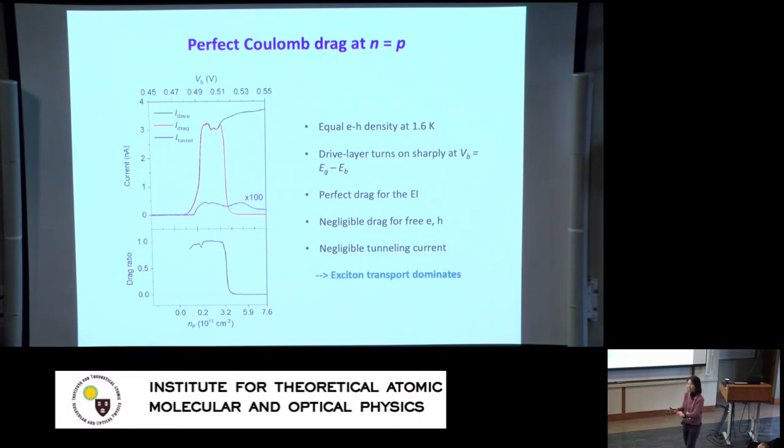But can we measure frequency dependence? We can, but not very high frequency. That has everything to do with how good your contacts are. So I hope you agree with me that in this case, exciton transport dominates from this perfect ratio.